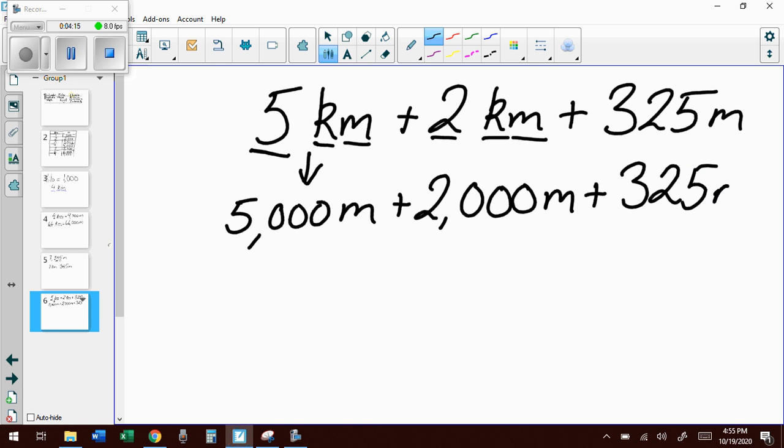Plus 325 meters. So now we have meters here, and meters here. Let's go ahead and add those. 5,000 plus 2,000. 5 plus 2 is 7. And we're in the thousands.